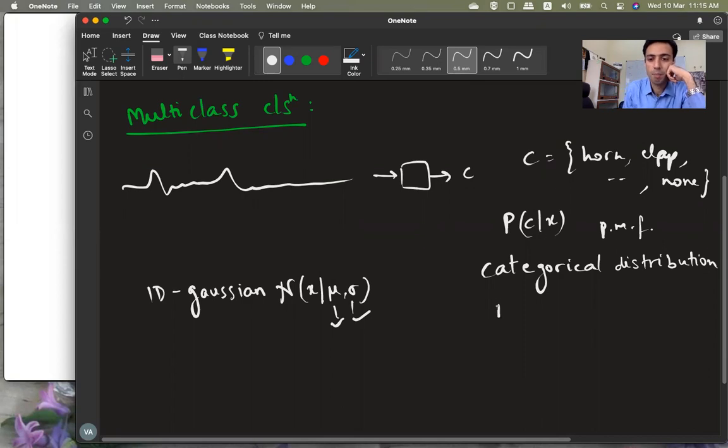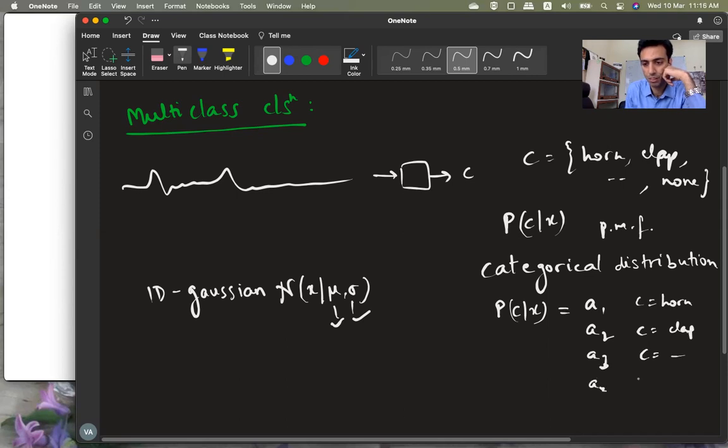So your probability of C given X is basically, C can take 5 values, right? It will be equal to some A1 for C equal to horn, some A2 for C equal to clap, A3 for C equal to some other class, A4 for C equal to some other class, and A5 for C equal to none.